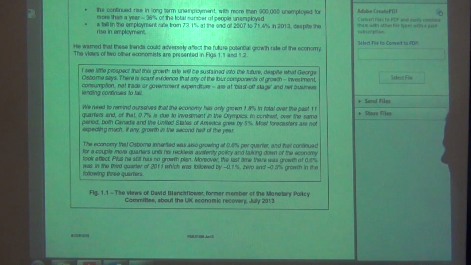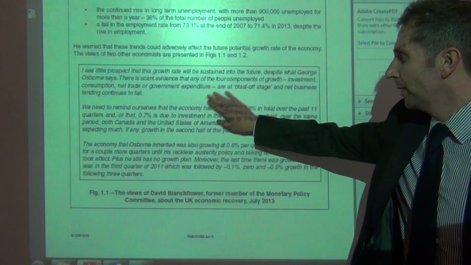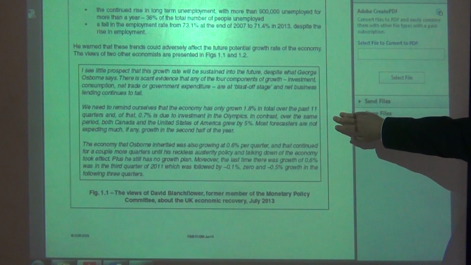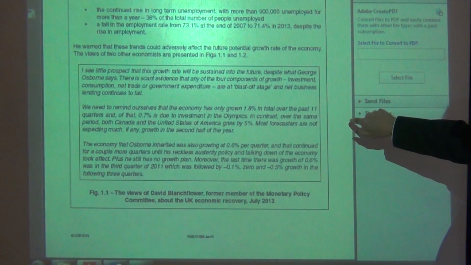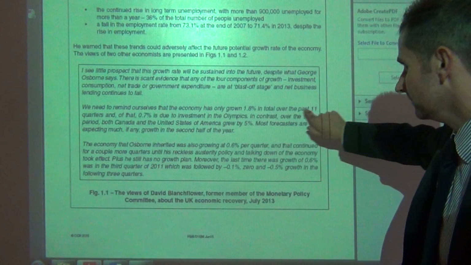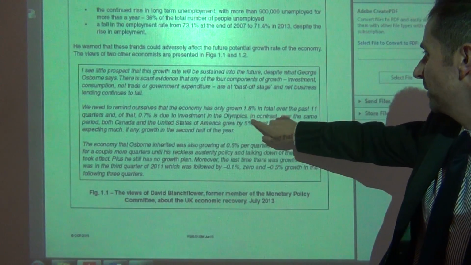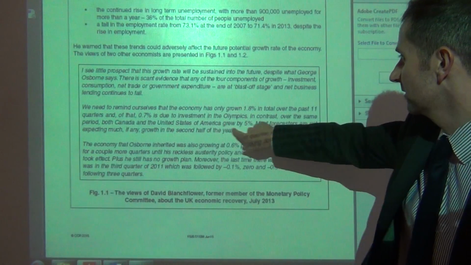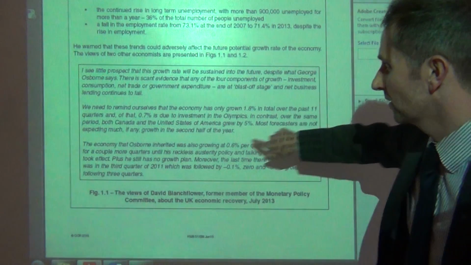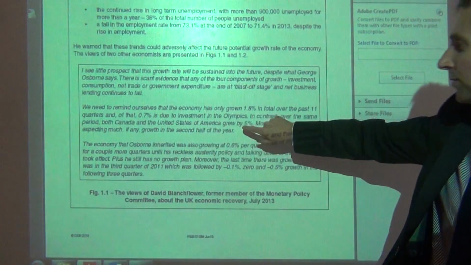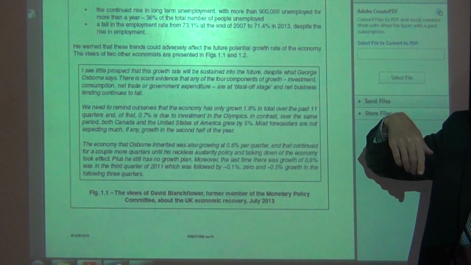Back to our case study. Next little paragraph, we've got a little factor here which is explaining the fact that 0.7% is due to investment in the Olympics in contrast with the same period, but most forecasters are not expecting much, if any, growth in the second half of the year.